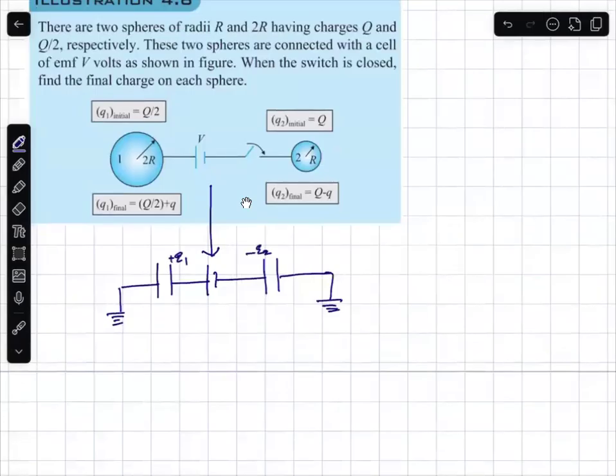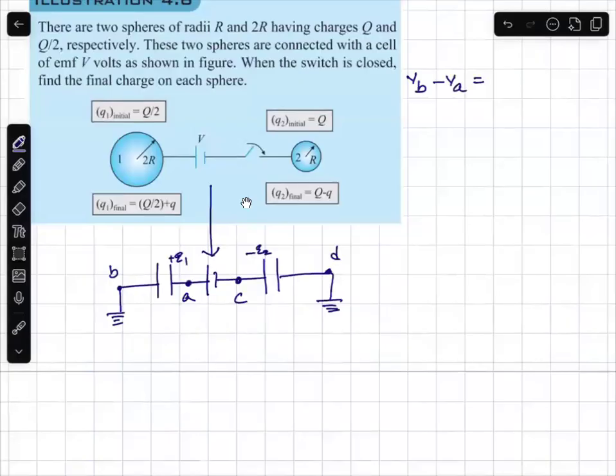Now, how will you manage this particular thing? If I take this arrangement, I will take this as A, this as B, this as C, and this part as D. Any objection till this point? I'm confidently asking you: what is VB minus VA?